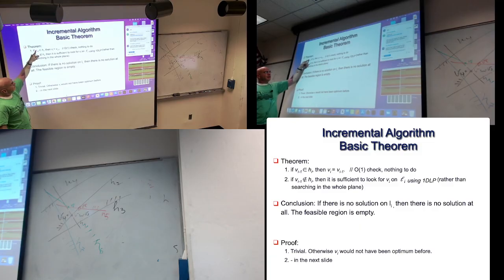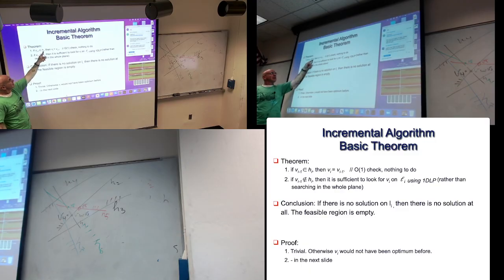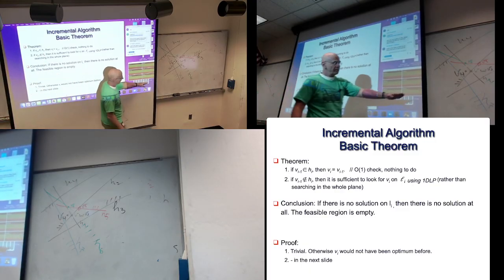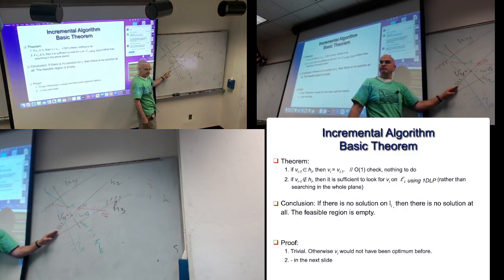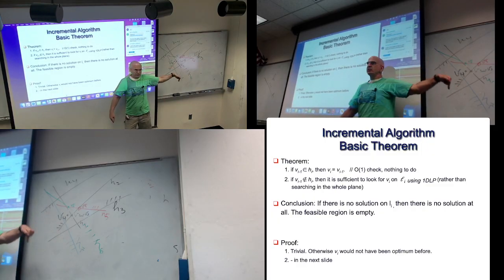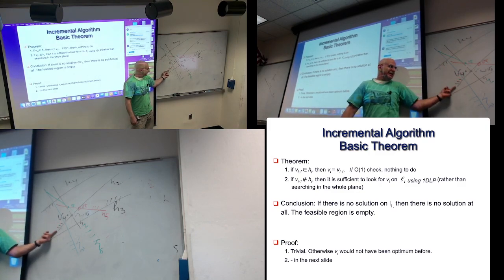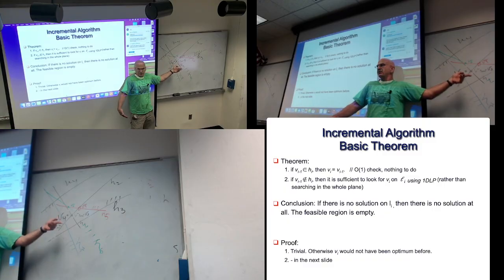The theorem, that is also the algorithm, says if v(i-1), the previous best solution that you had until this moment, doesn't violate the ith constraint, the new one you just introduced, like in the case of H3, if it's not broken, don't fix it. Whatever was the optimum that you had earlier, if it doesn't violate the new constraint, then it's still the optimum. Right?